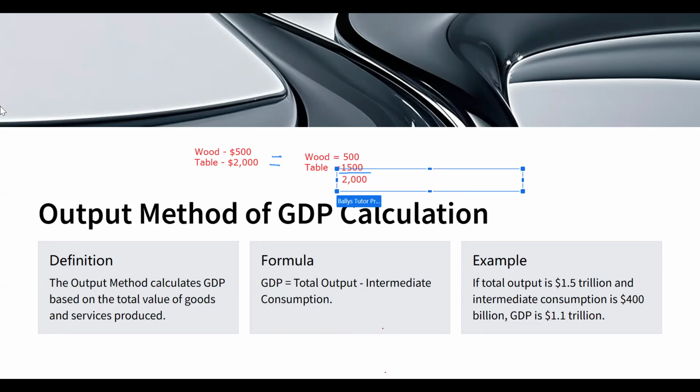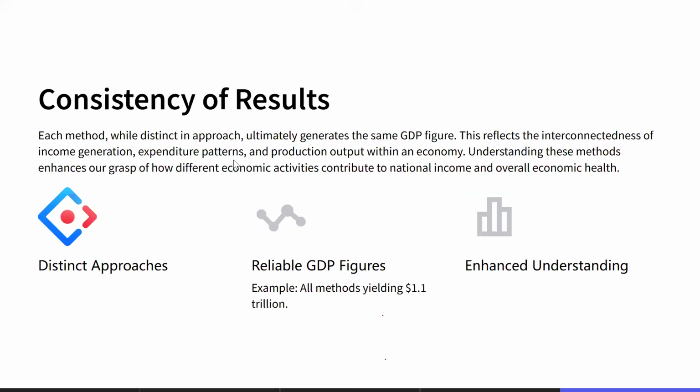Now here's the thing with these three different methods, completely different methods using completely different figures. All three of them should give you the same GDP figure. If you use the output method, you use the expenditure method, you use the income method, they are all supposed to give you the same amount.